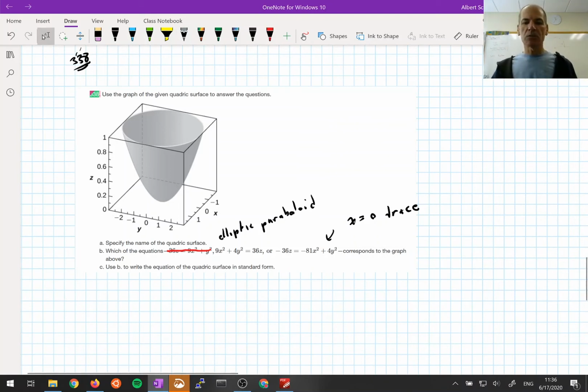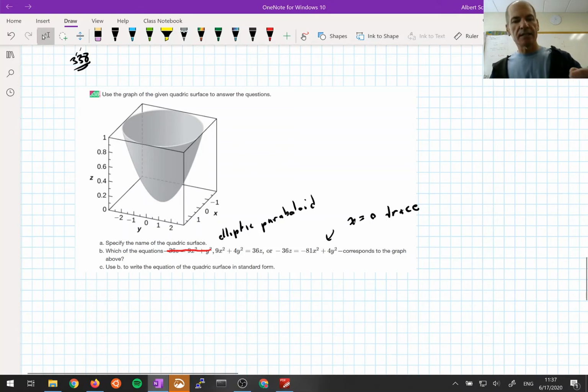If we set x equal to 0, what remains on the right-hand side is 4y squared, and on the left-hand side is negative 36z. Once again, we would expect only negative z values to satisfy this. That means that only negative z values can be on this trace.